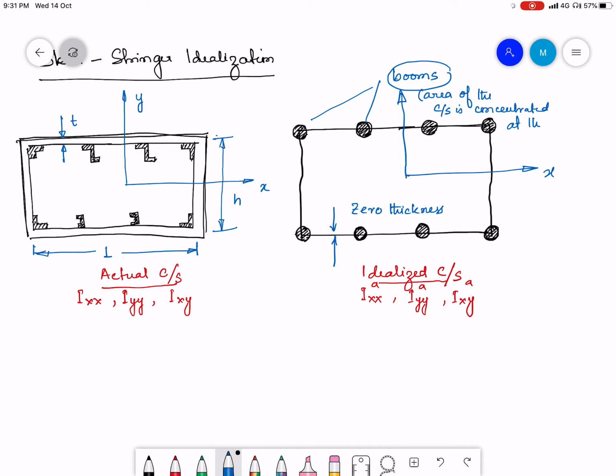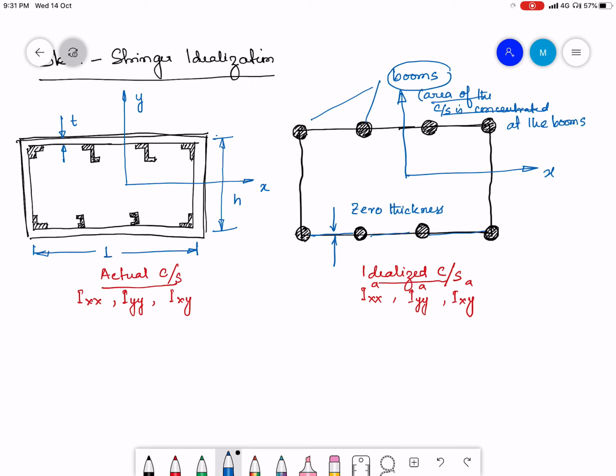And the skin is considered to be of zero thickness, which practically means that we are neglecting the thickness of the skin portion. So the skin portion shown by these lines is assumed to be of negligible thickness. This is justified by what I have just said, that the area of the cross section is actually concentrated at the booms.